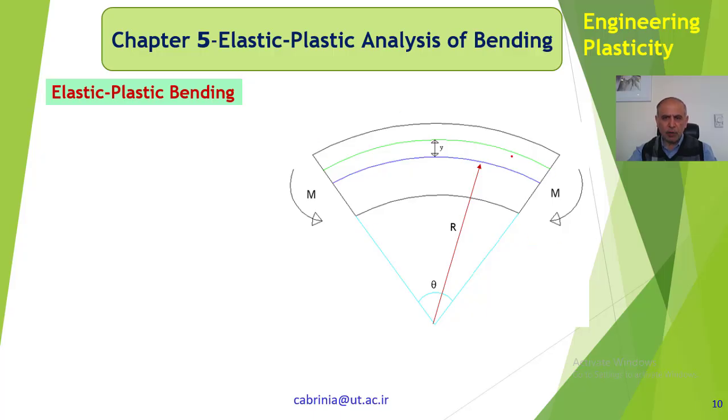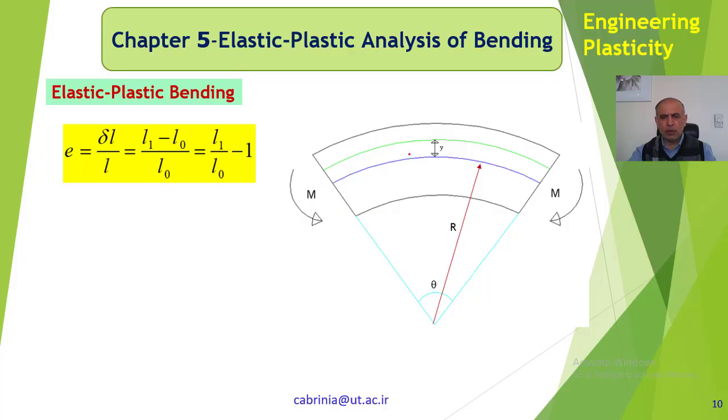And if you look at a fiber like that, this green fiber here, distance y from the neutral axis, then we can write for the strain, that's the elastic strain, delta L over L, or L1 minus L0 divided by L0, so it's L1 over L0 minus 1. That's the elastic strain.